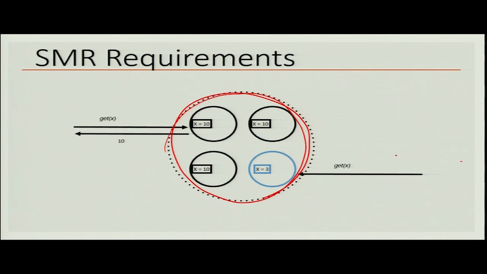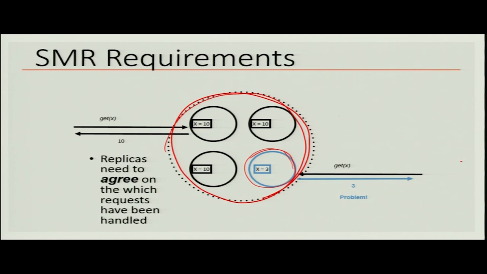So, maybe another client requests, his request goes to this replica, then this replica will give a wrong value, right, and that is where this Byzantine failure will fail the system. So, the point is that all the replicas need to always agree on the state, and all requests must be fulfilled in the same way irrespective of who is requesting that service when the system is in a certain state.